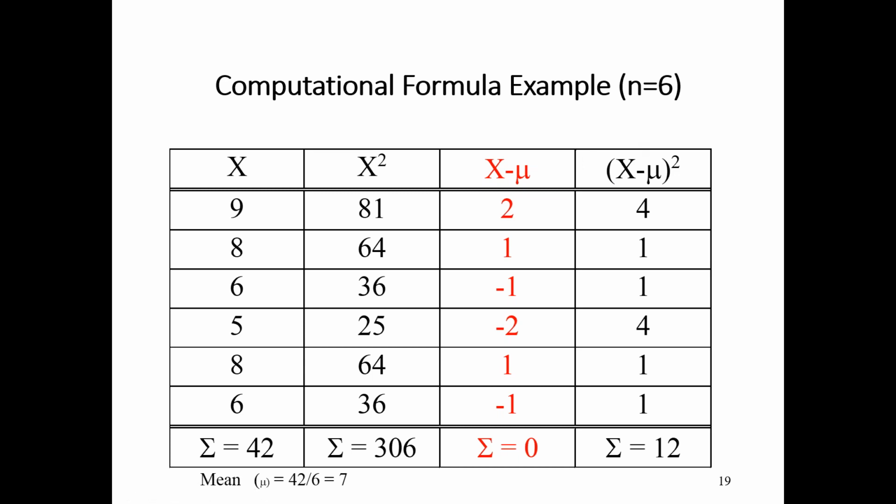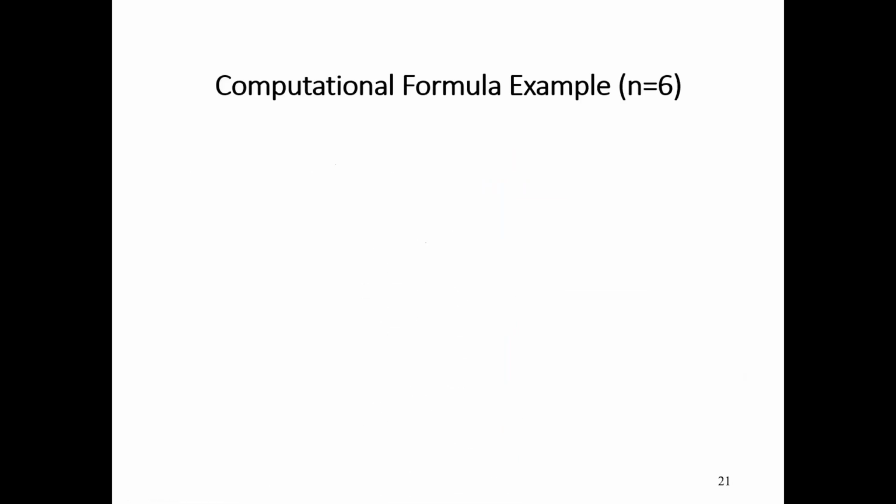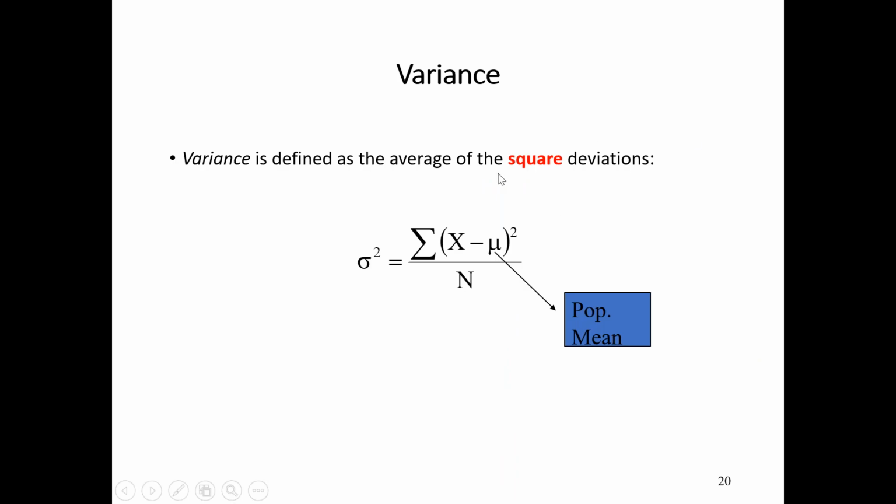I'm coming to this. Now, just to give you what variance is, variance is defined as the average of the squared deviations. So in the previous example, in the last column, I have squared the deviation, and then I sum up the total and divide by the total number, so that gives you the average.